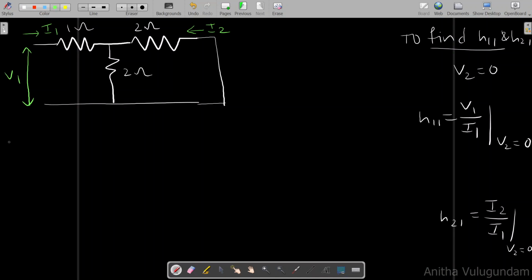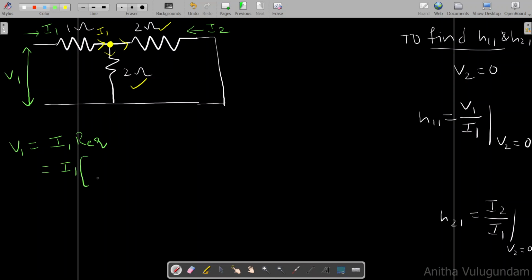From the circuit I can write V1 equal to I1 into R equivalent, and here the current I1 is flowing. It gets divided in this branch and in this branch. So the 2 ohm resistances are in parallel, which is in series with 1 ohm.